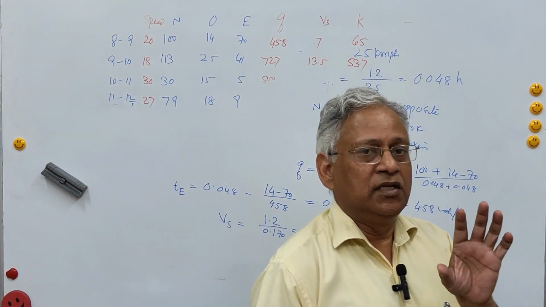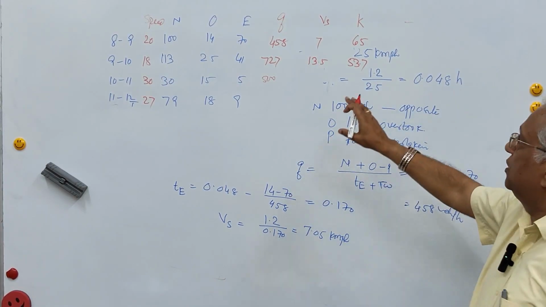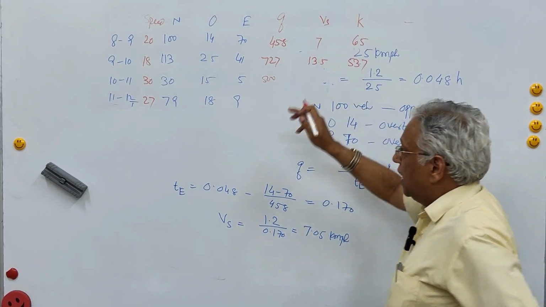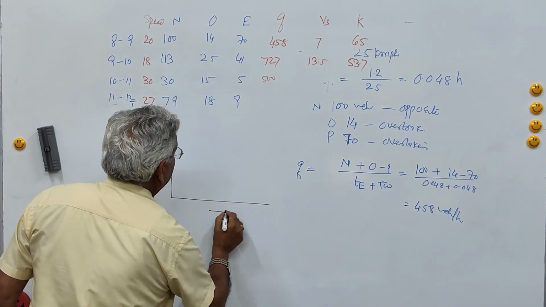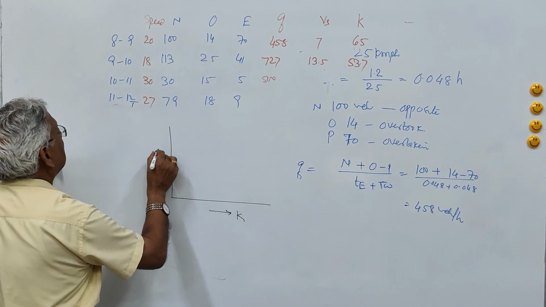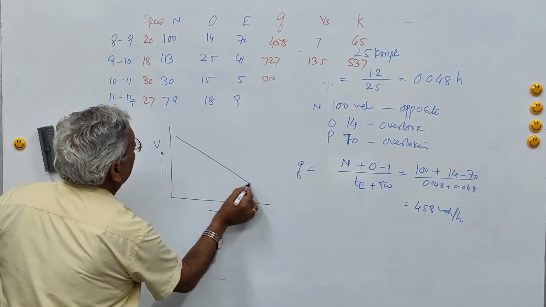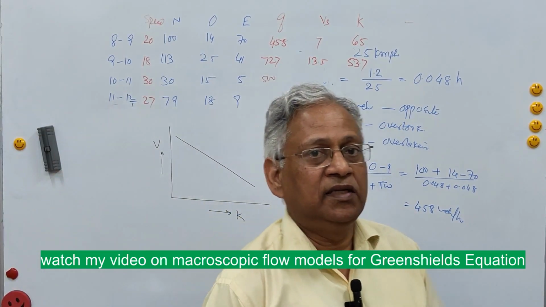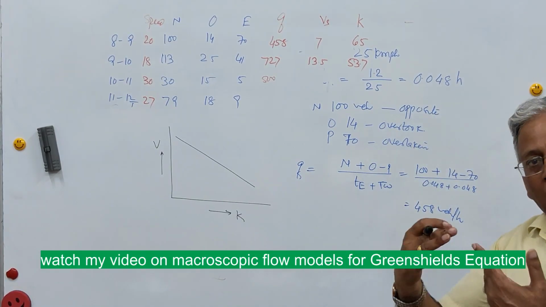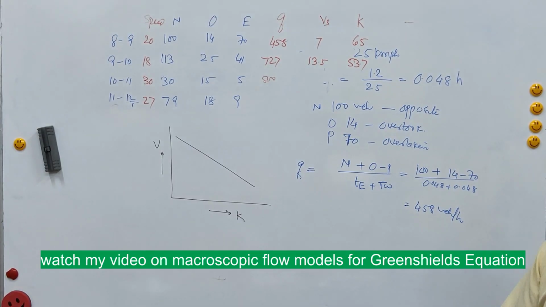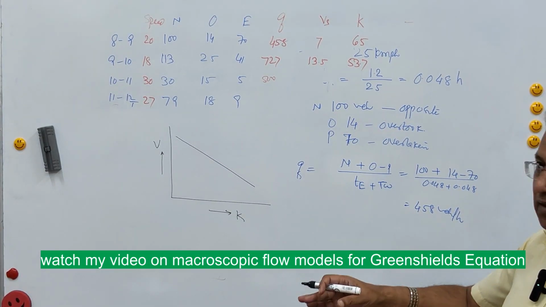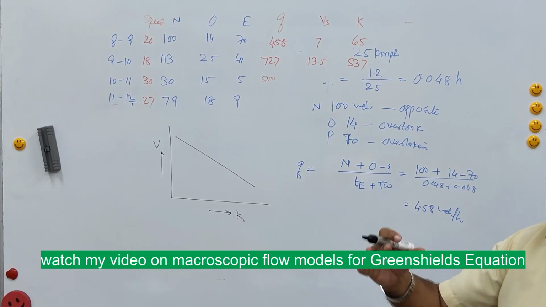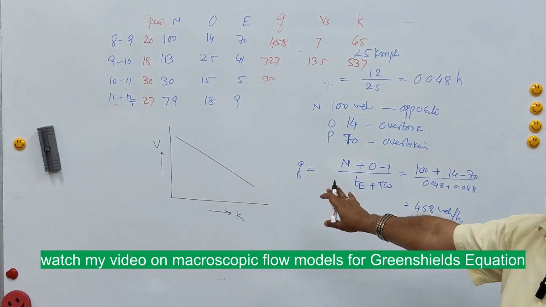Now, this data you can use to make a plot between speed and density, and that plot you can use to fit a Greenshields equation between speed and density, optimize it, and find out the capacity. So how capacity is improving after taking certain measures of traffic management can also be estimated from that.